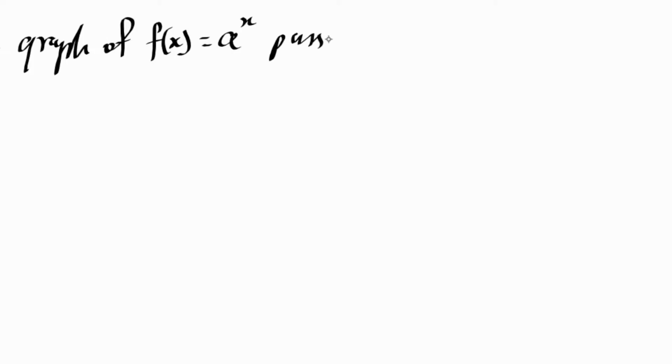Right. So it says the graph of f of x, and here we are told that f of x equals a to the x, and this graph passes through the point P with the following coordinates, -2 and 25.